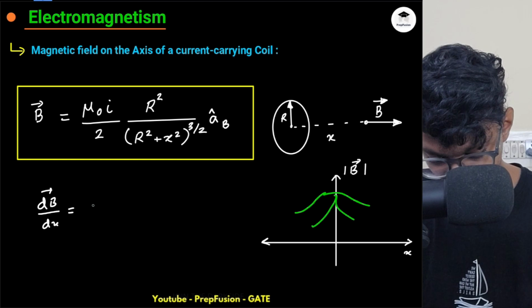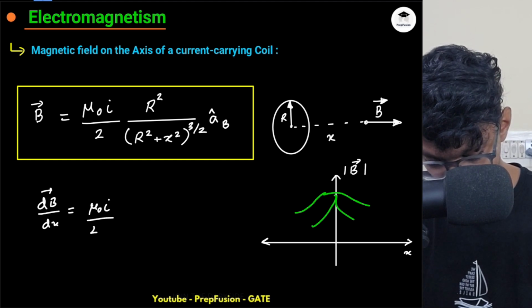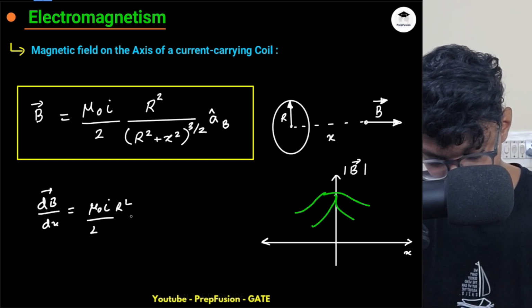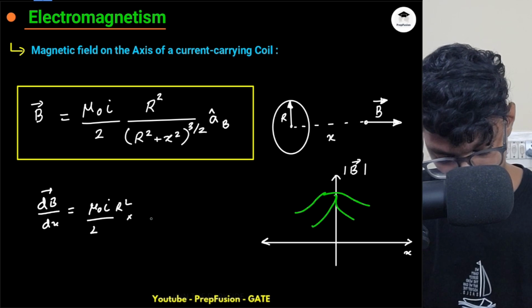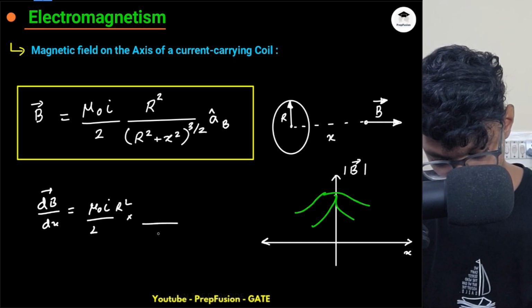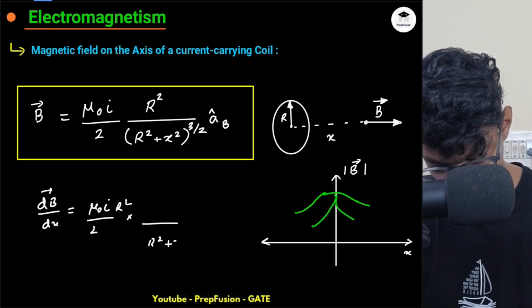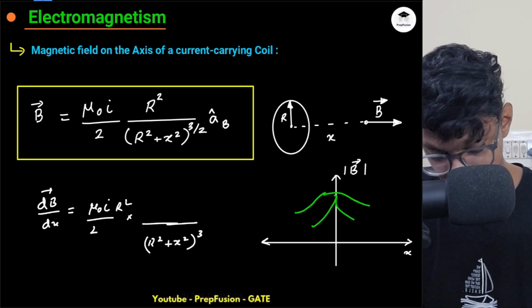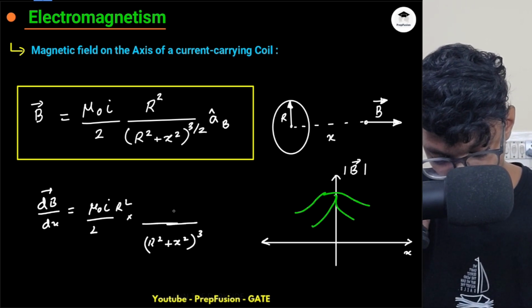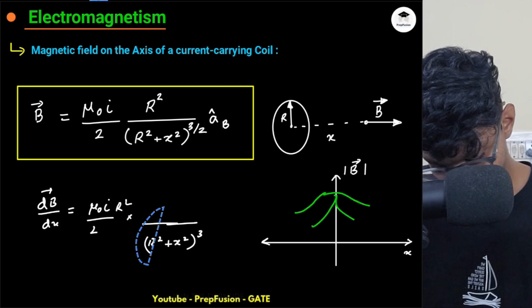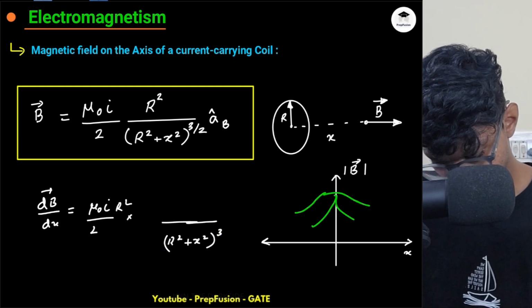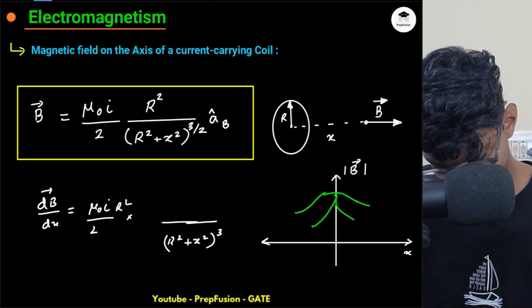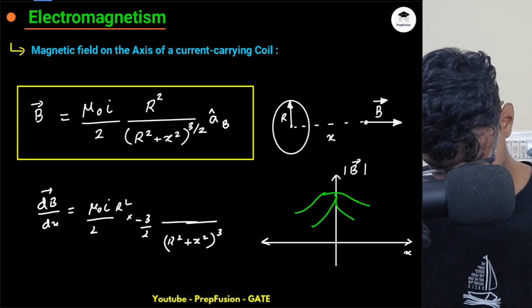I will differentiate with respect to x. Obviously mu naught I by 2, all these are constant, r square is also constant, into what is happening? This will become square. I hope you understand how to differentiate. This will become whole square, whole cube, and at the top this power will come, that is minus 3 by 2.